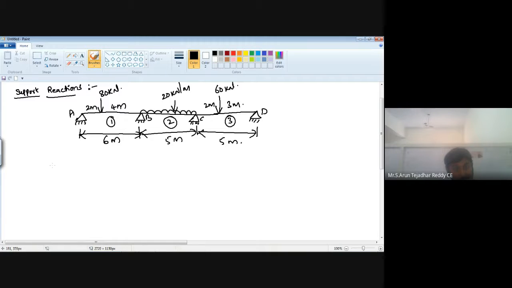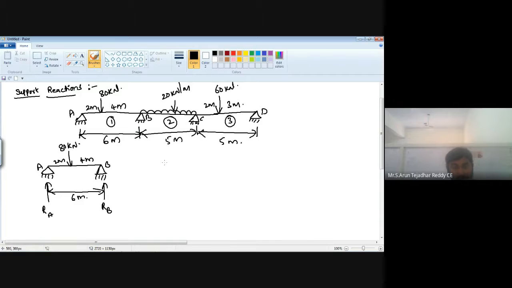Beam 1 means A to B. Here the eccentric point load of 80 kilonewton is acting, and the remaining values are written as usual. Here one reaction is acting because it is a hinge support. The span is 6 meter, with reactions RA and RB.